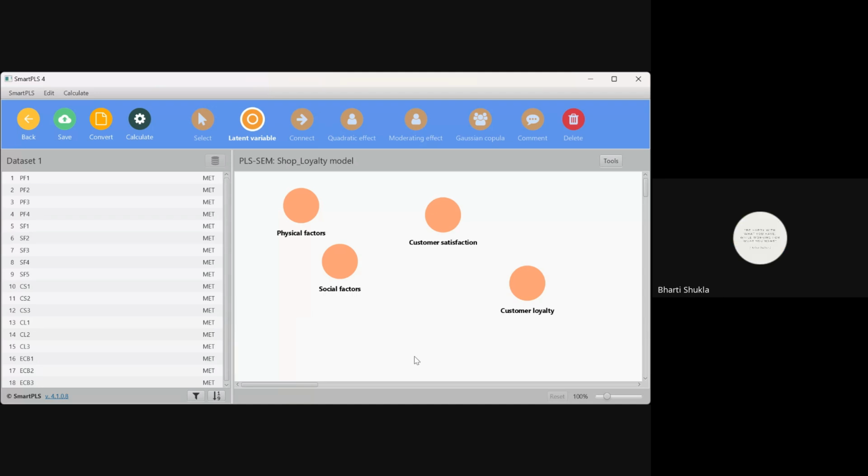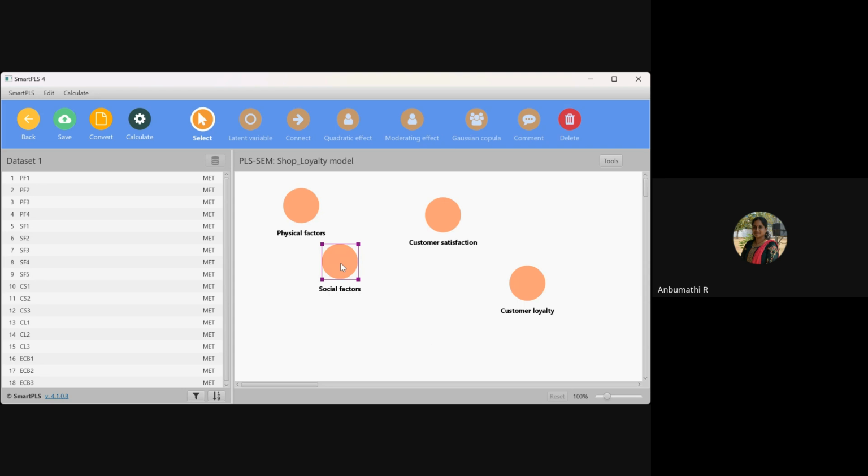Yes, ma'am. Done. Ma'am, do we have an option to edit the name? Yes, you can, if the spelling is wrong. Select the social factors and right click it.